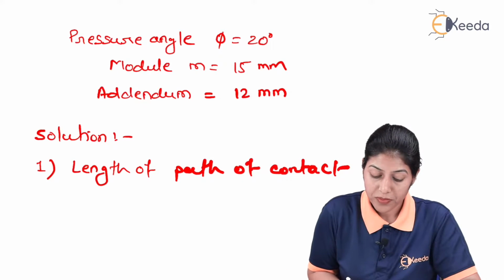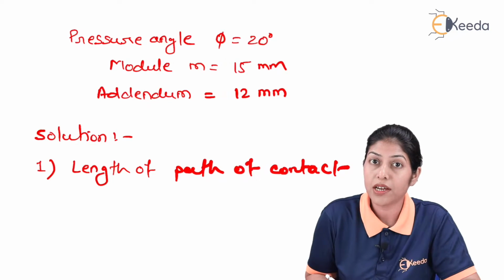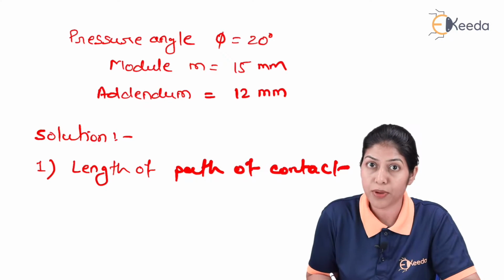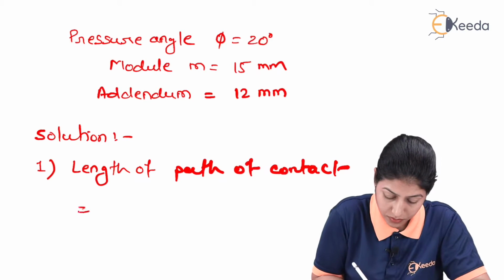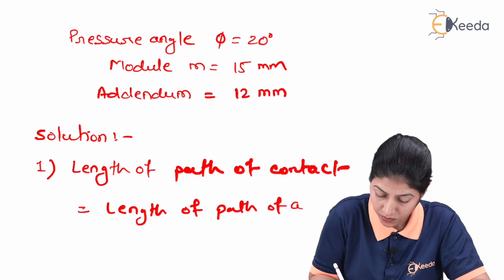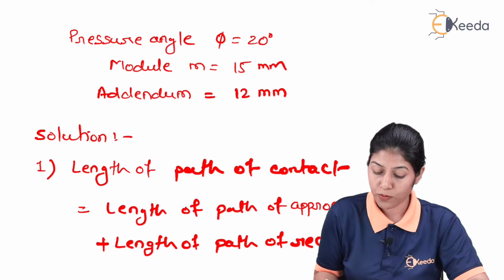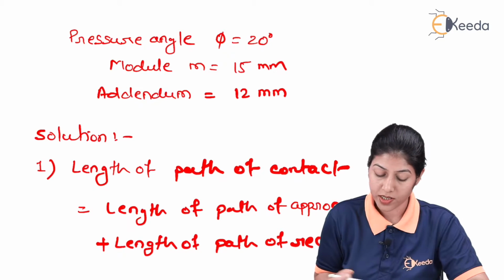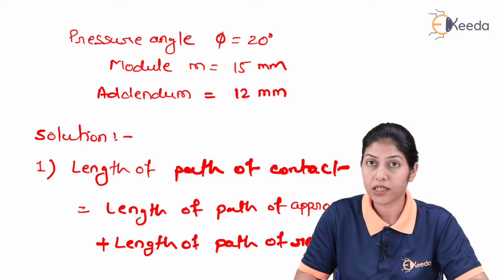As we know, the length of path of contact depends on the radius of addendum circle and radius of the pitch circle as well as the pressure angle. And the equation is: it equals length of path of approach plus length of path of recess. And length of path of approach we generally define by one equation, and length of path of recess we generally define by another equation.